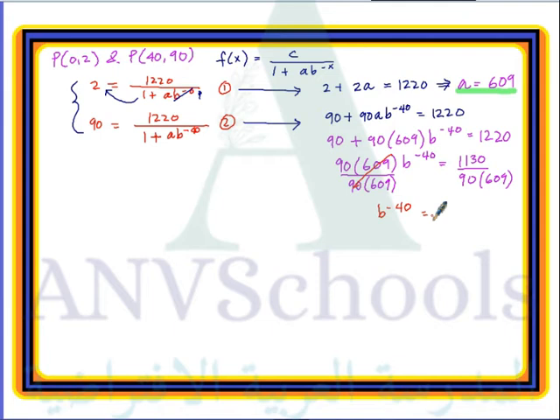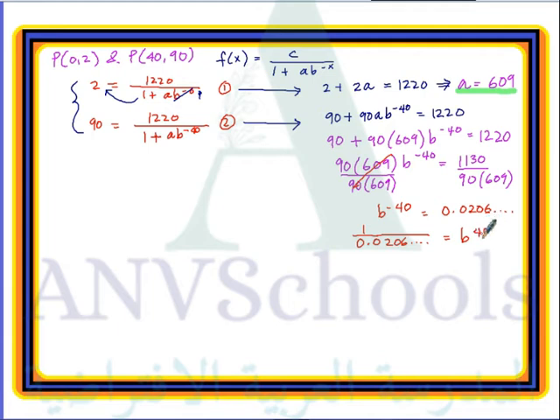So that's 0.0206. Okay, and 1 over 0.0206 will be b to the 40, right?